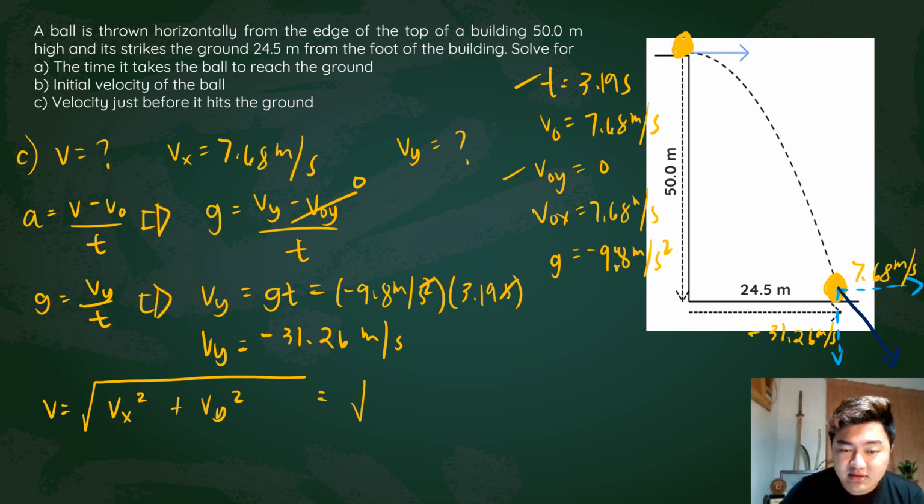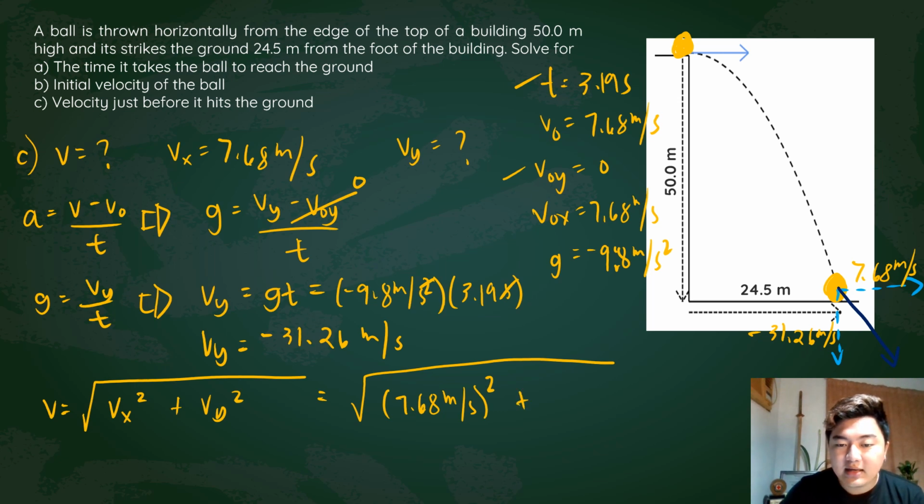Substituting your values, you have your final velocity in x, or the x component, which is 7.68 meters per second, squared, plus for the y, it's negative 31.26 meters per second. So you square that as well.